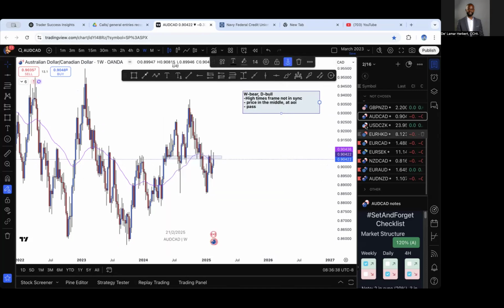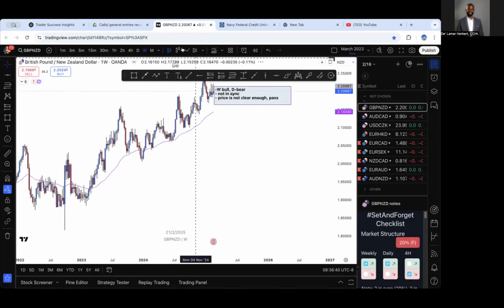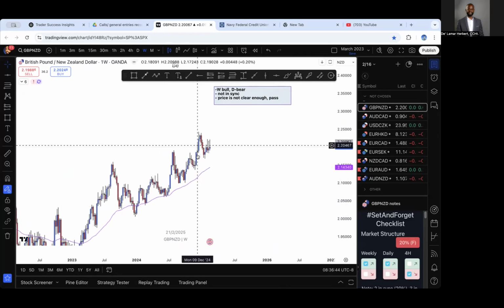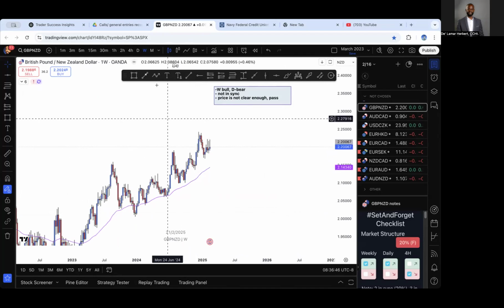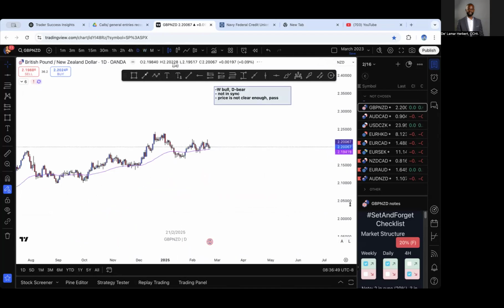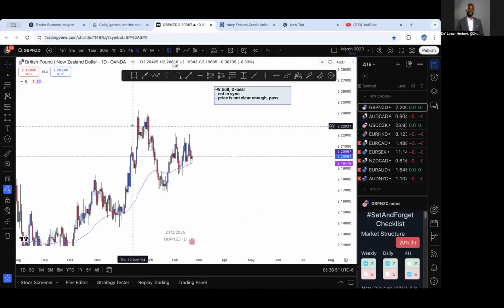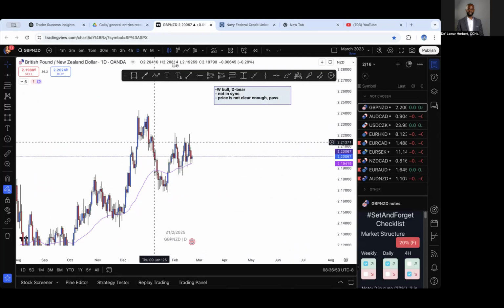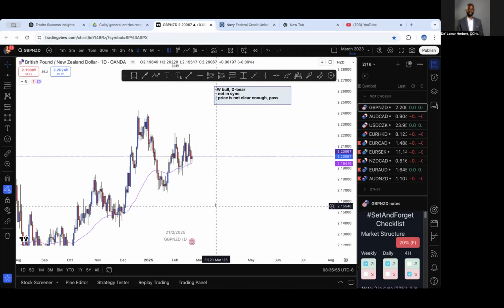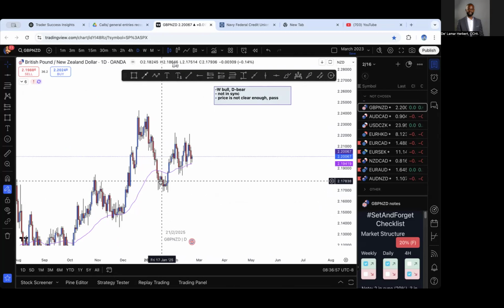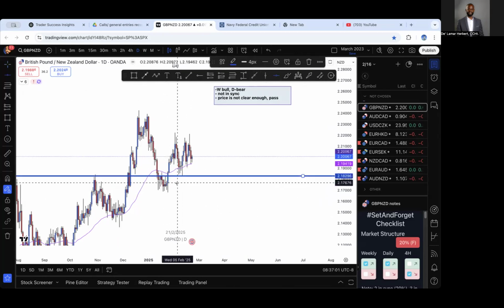All right, so next, GBP NZD on the weekly. Price is in the middle right now. It's bullish daily. Okay, daily is bearish. I would consider this still bearish. I don't think there's really much of a pullback. Well, actually it is. I think this is a pullback, right? So this would be a pullback here.